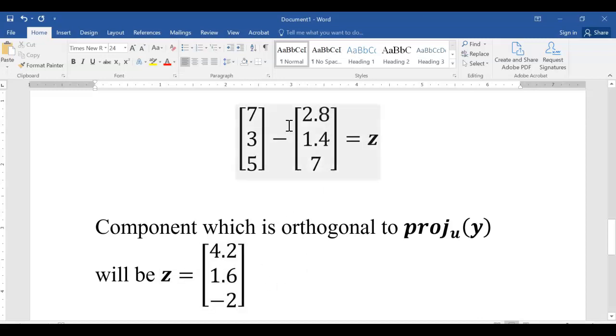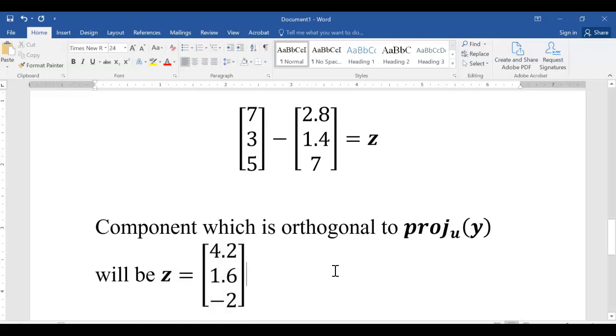Again, just take the inner product of the projection with the z, and you'll see that you get 0. So there you go. We have the projection onto u and the piece which is orthogonal to it.